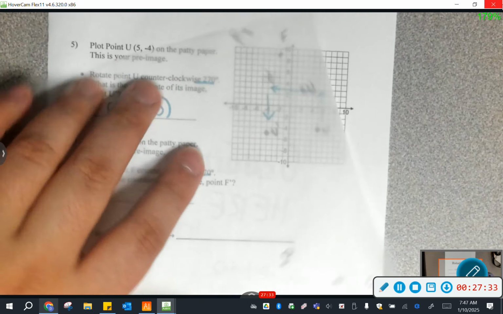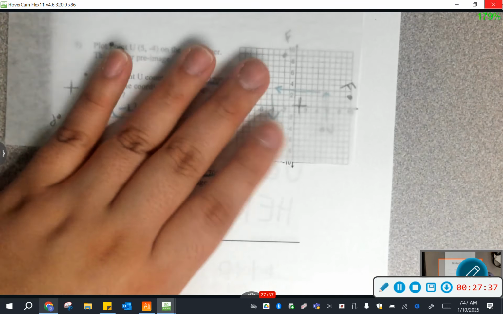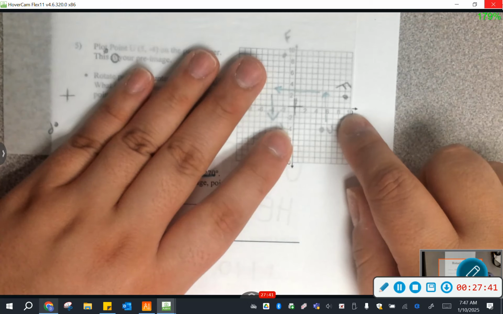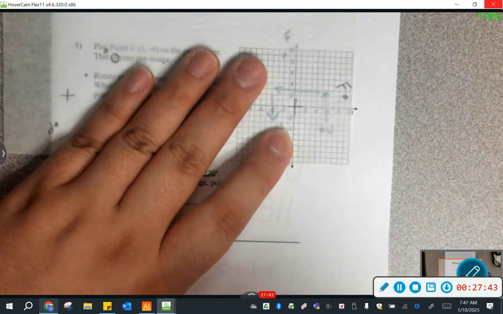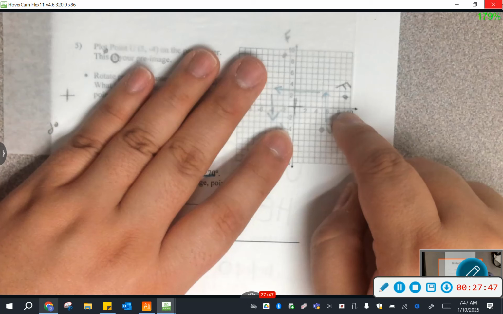And then turn it 3 times. 1, 2, 3. Where does F end up at? -9 and -3. Be careful. Do it 3 times. 3 times.